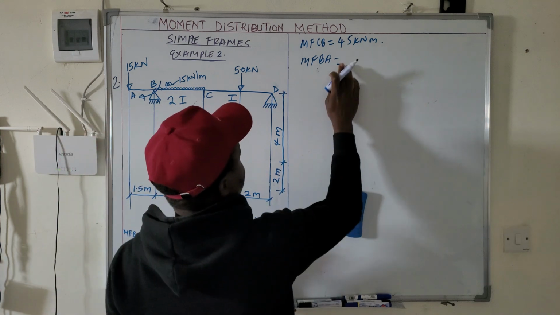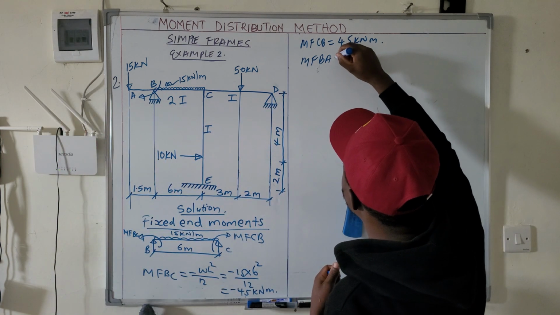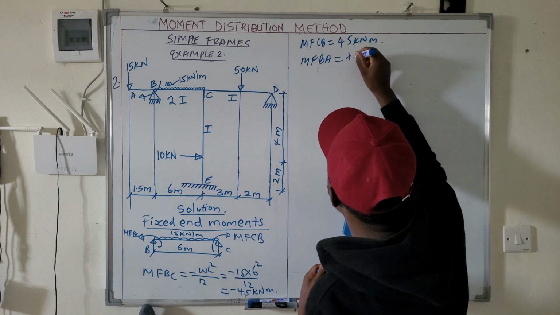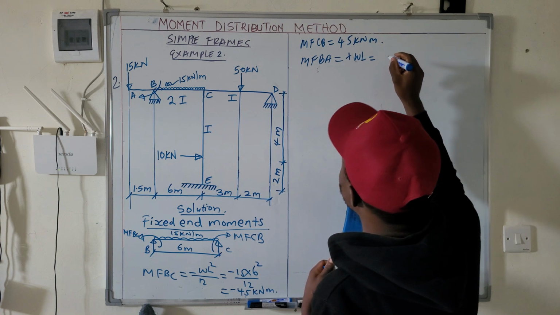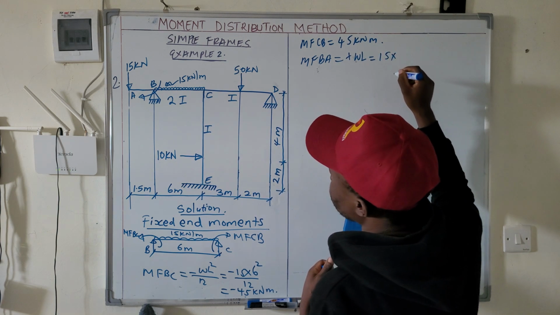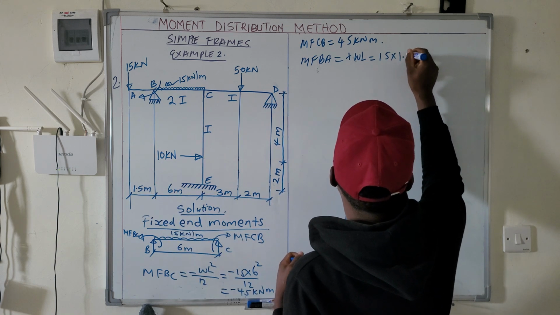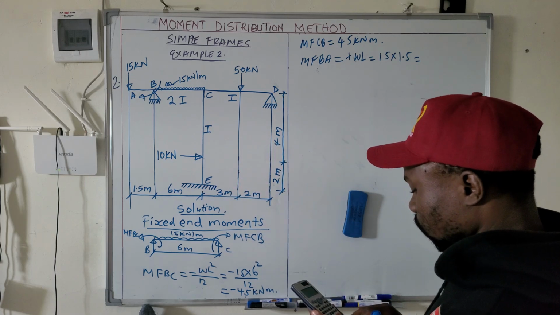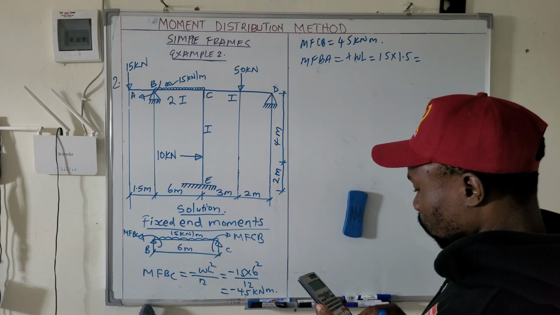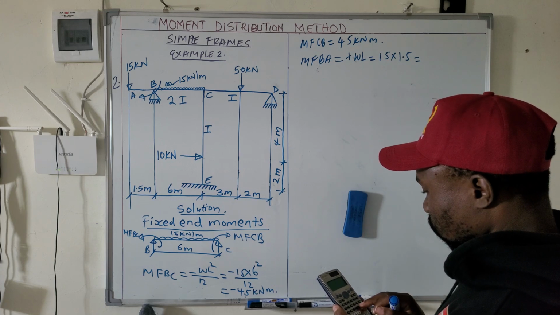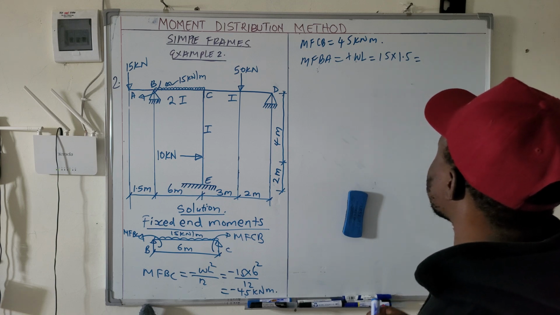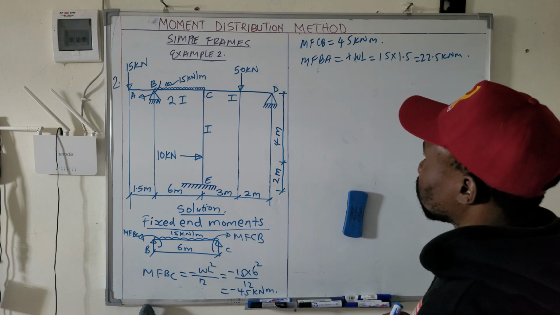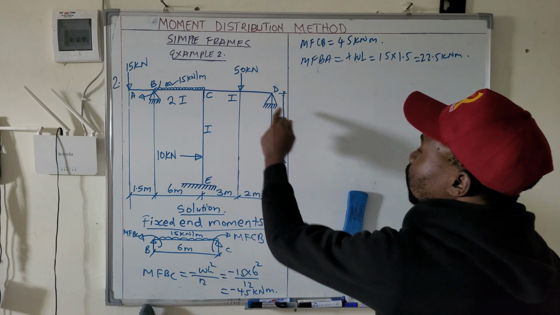So we will have plus WL, which is equal to 15 times 1.5. Punch your calculator, 15 times 1.5, and the answer is 22.5 kilonewton meter.